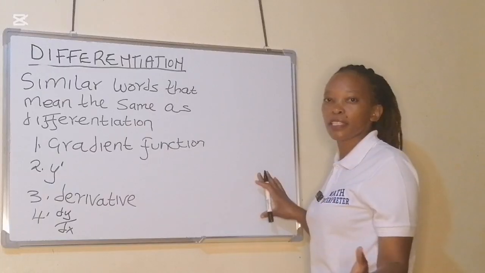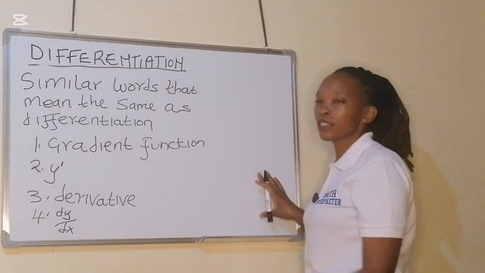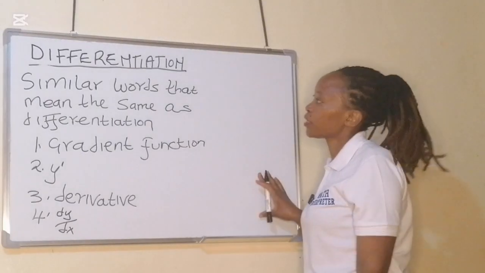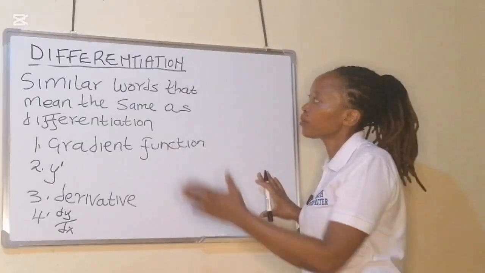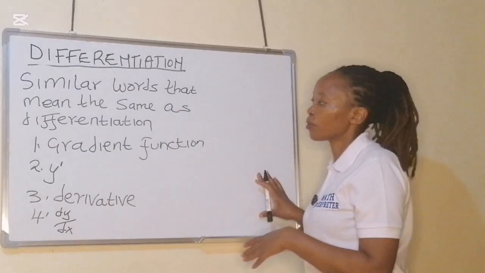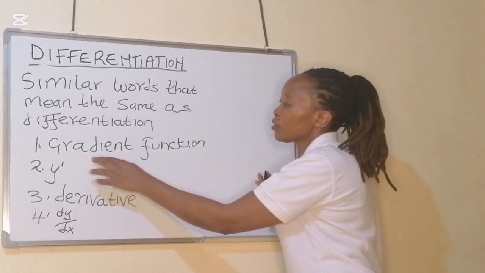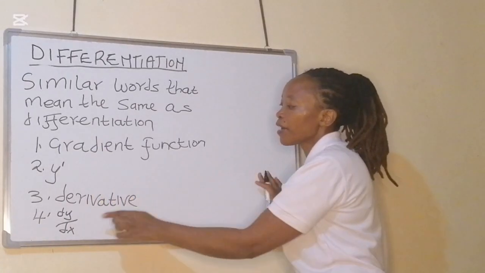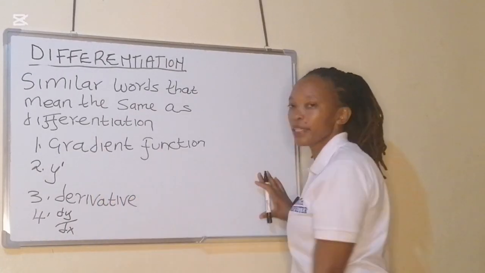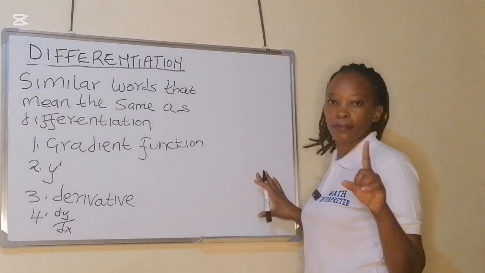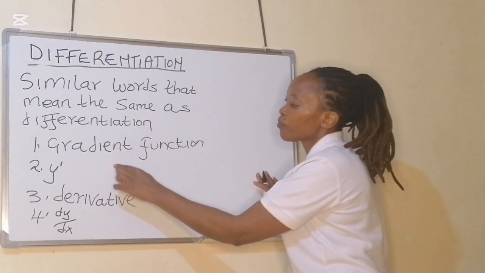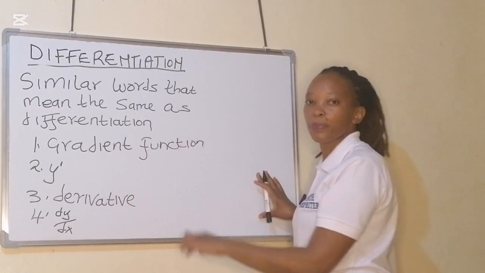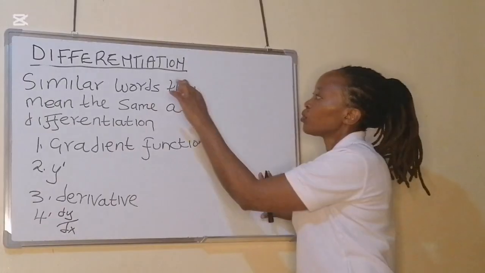And the final one is that you can be asked to differentiate. You already know that one because it's differentiation. But I realize that you need to know what is the gradient function, what is y prime, find the derivative, find the dy by dx. It means the same. So if either of these comes, it means the examiner expects you to differentiate.